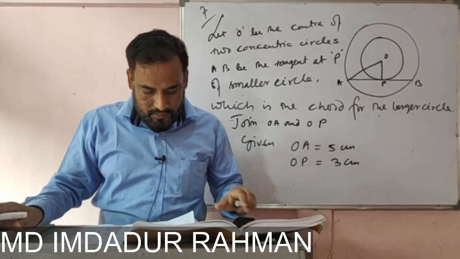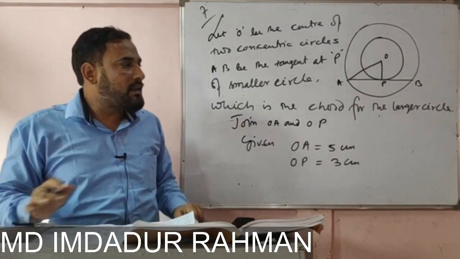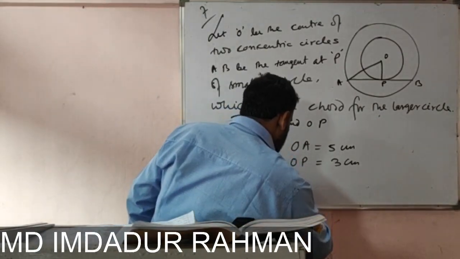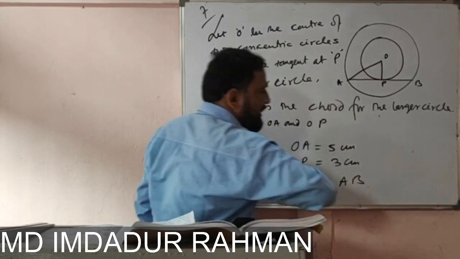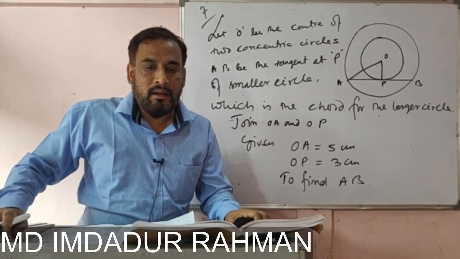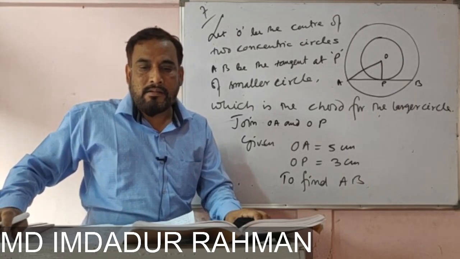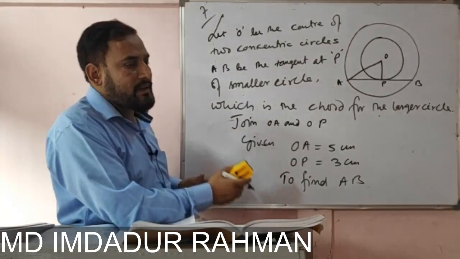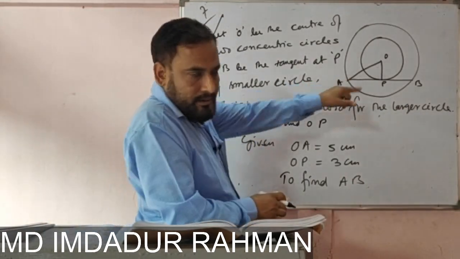Now what is to find out? We have to find out the length of the chord AB of the larger circle that touches the smaller circle. Okay, this one.